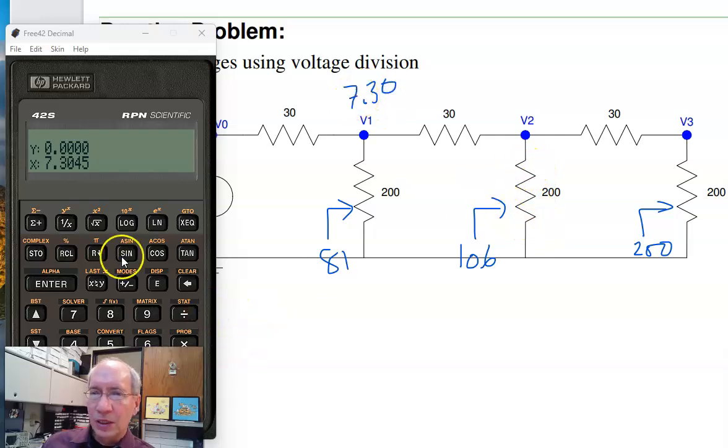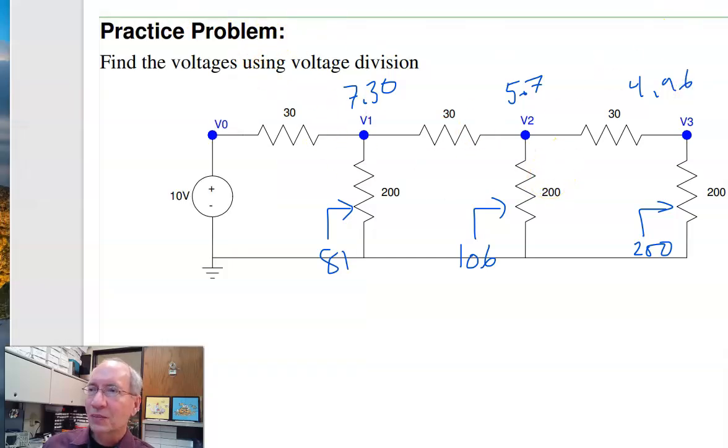At B2, do recall O2, 106, enter 30 plus slash, that percentage of 7.3, 5.7 volts. At B3, 200, enter 30 plus slash, that percentage of 5.7, 4.96 volts. Voila.